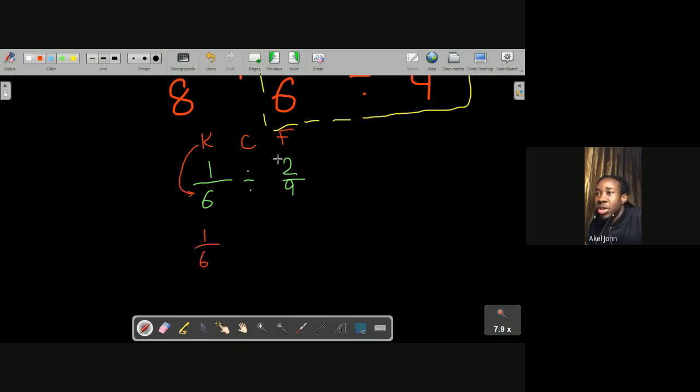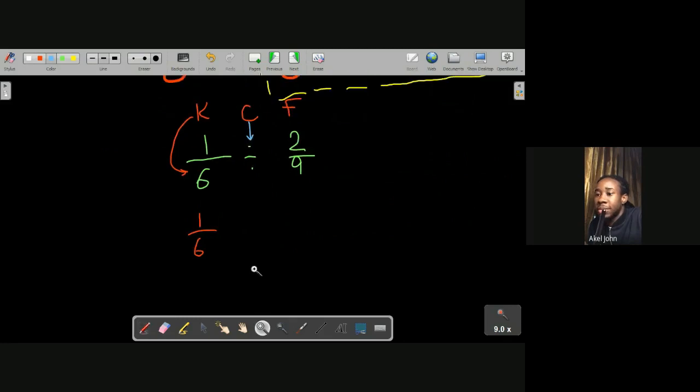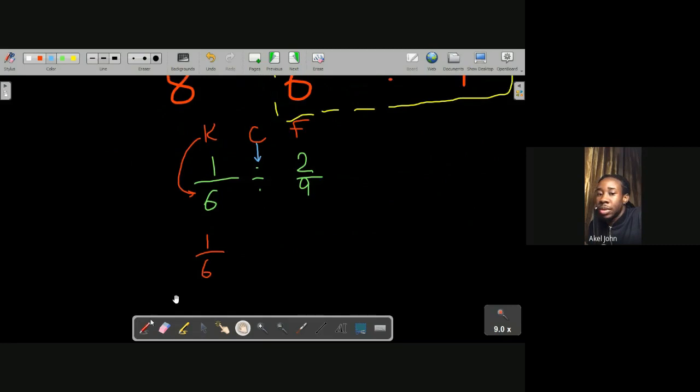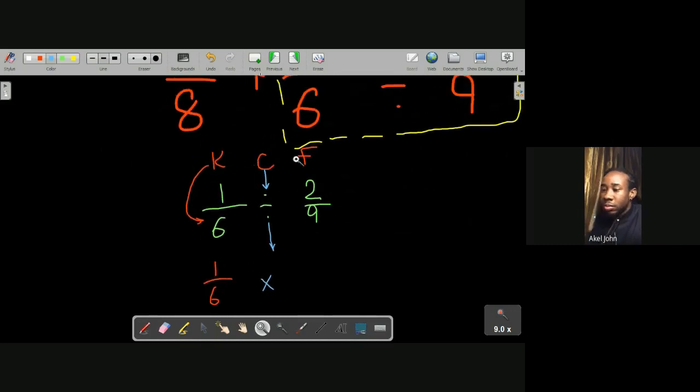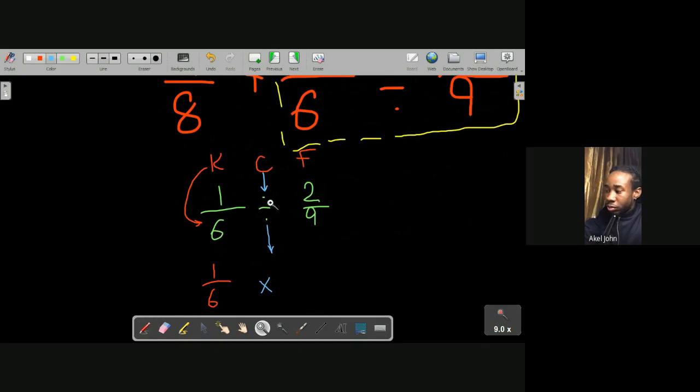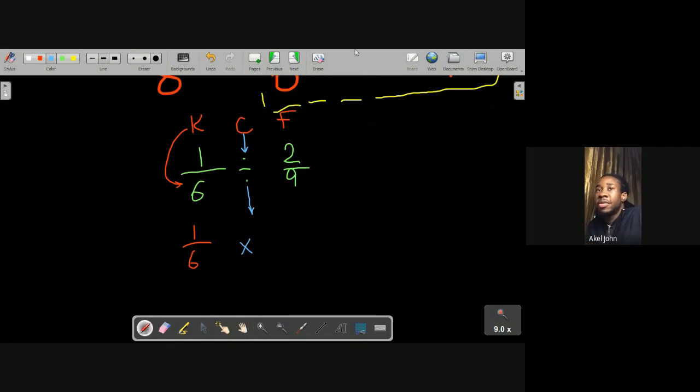We change the division sign to multiplication. And then we flip the fraction to the right. So that would be 9/2.